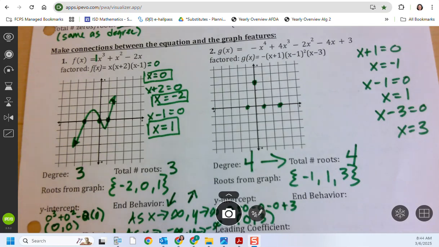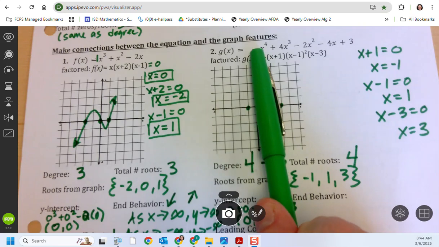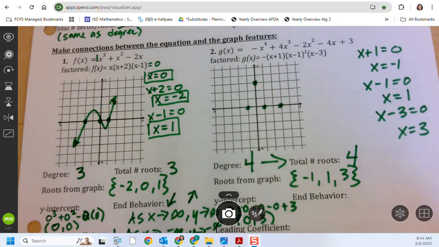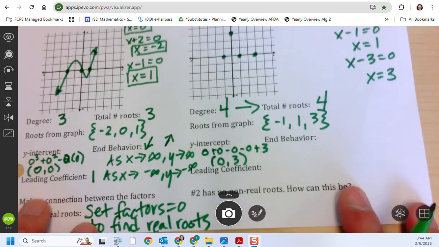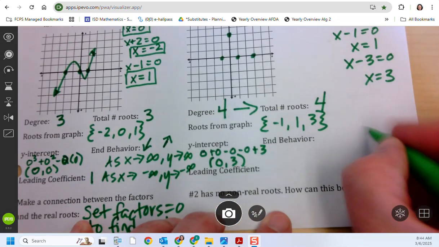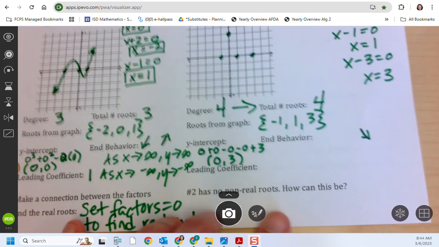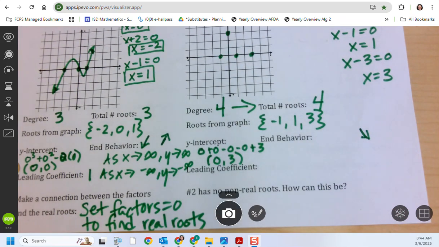Okay, let's do end behavior. So the leading coefficient is negative 1, which means the right side goes which way? Down. Okay. All right, so the leading coefficient was negative 1, which means the right side goes down. And I'm just doing my sketch first. And it was even, which means that the ends match or don't match? They match.